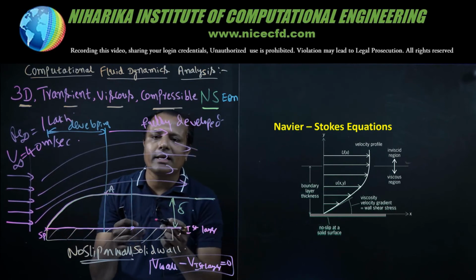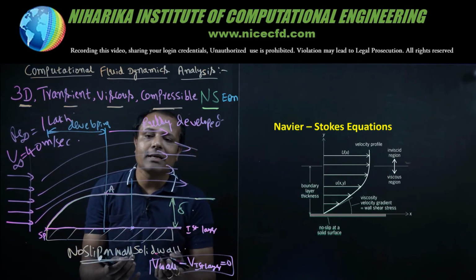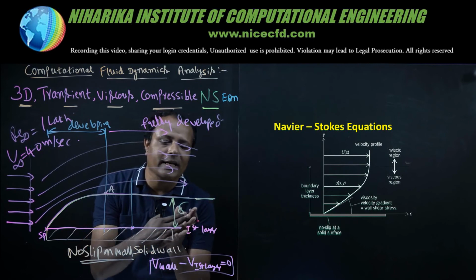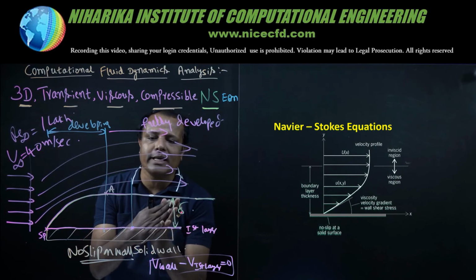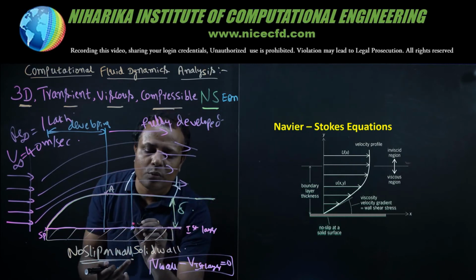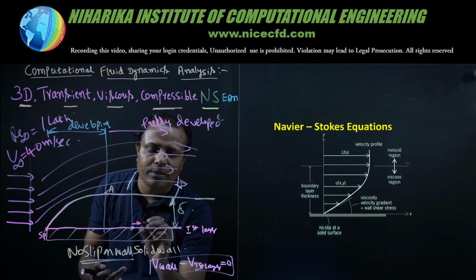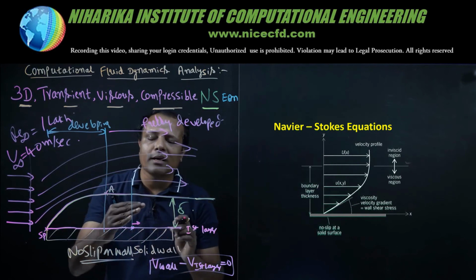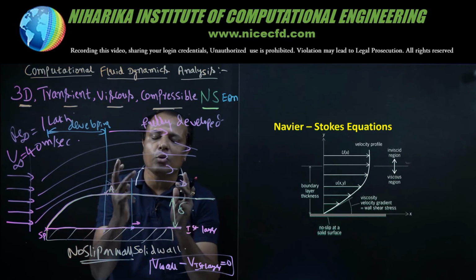Now the second layer is a bit lucky because it is interacting with its own category. That means both are fluid layers. Then the magnitude of friction will come down a little bit. As a result, the fluid will start moving with a very small velocity, let us say 0.1 meter per second. Now the third layer is much more lucky in two aspects.